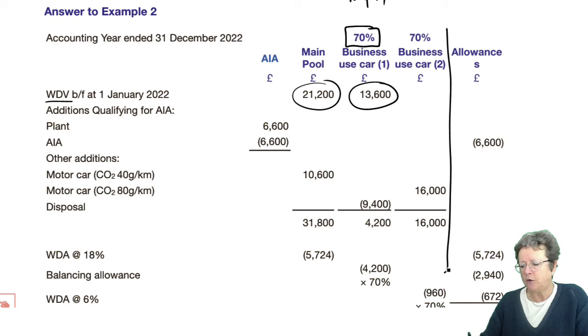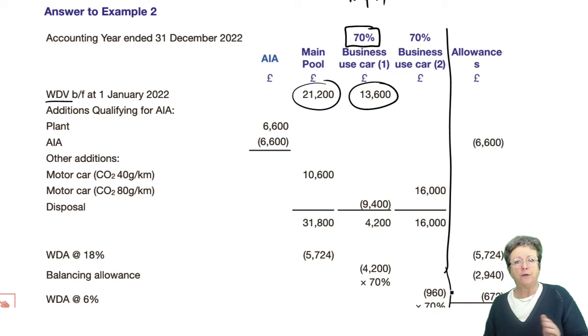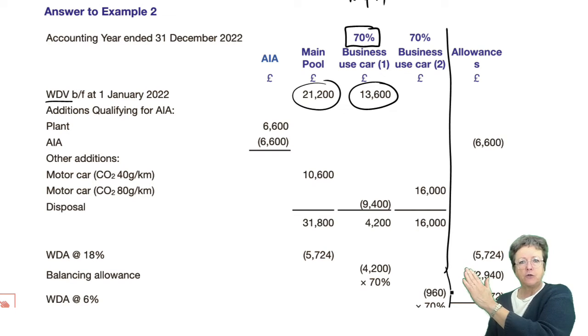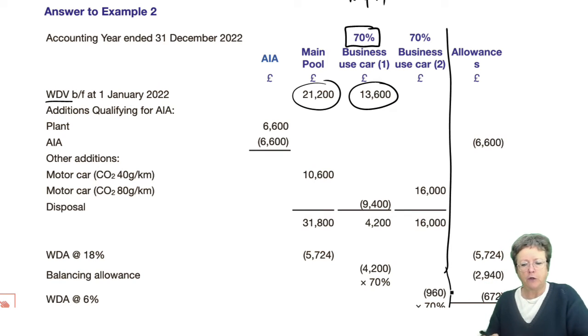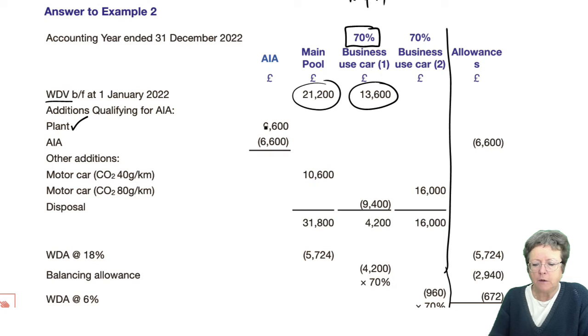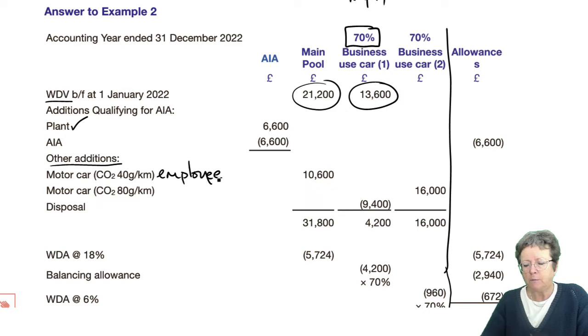Several ways you can do this. I'll show you how it works. So we add in, always with these headings across the top and the pro forma down the side, all the additions in first. So we've got the plant in, which we can take AIA off. That goes into the end column. Other additions. We bought a car for the employee, if you remember rightly.